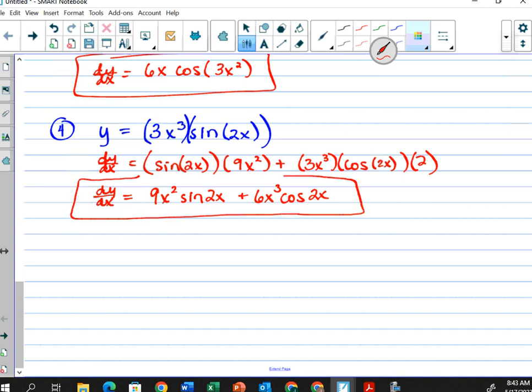Wait, why isn't it minus? Because it's product rule. But isn't it negative cosine when you take the derivative? Derivative of sine is cosine, but derivative of cosine is negative sine.